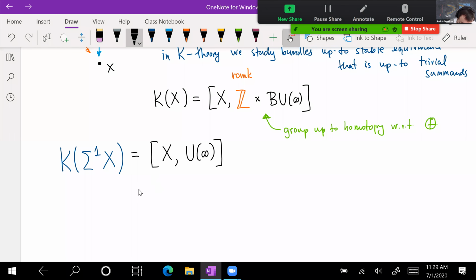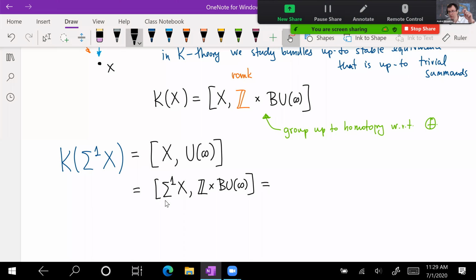The other thing is the suspension is a space just like any other space, which means that this is a map from SX to Z cross BU infinity. But the maps from the suspension are kind of obvious. So what does it mean?